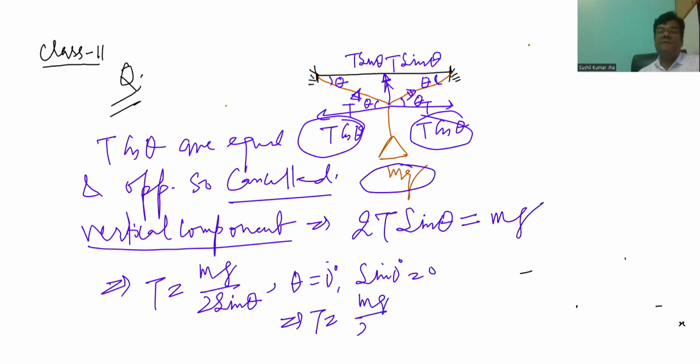So something divided by 0 gives us infinity, which means rope should be straight, or rope सीधी would be straight only when tension in the rope is infinite. So technically and practically it is impossible.